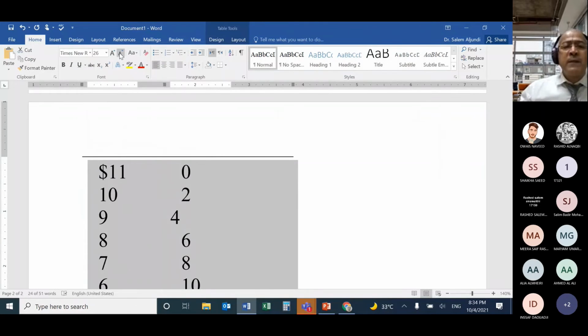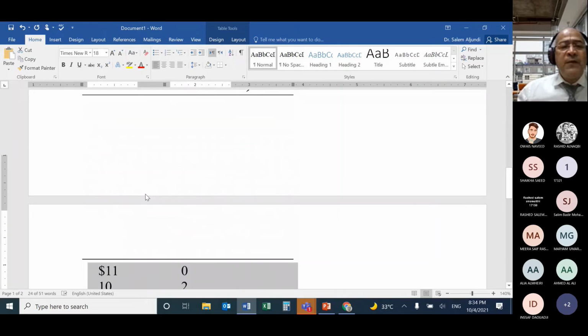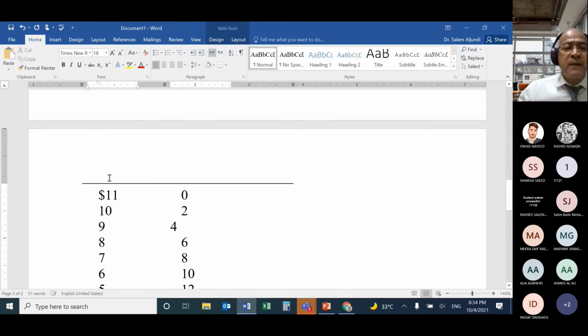Let me decrease it. So as you see, this is the price. This is the price. And here the quantity. And I need to calculate total revenue. Total revenue equals, it's horrible, terrible. So sorry, I cannot manage it well.